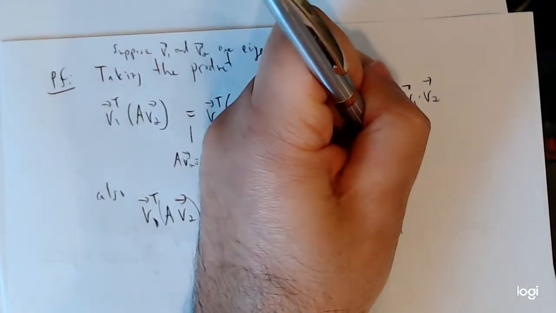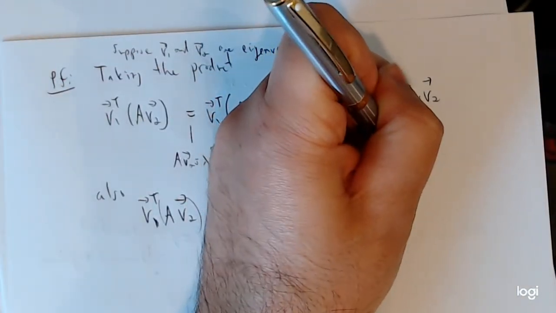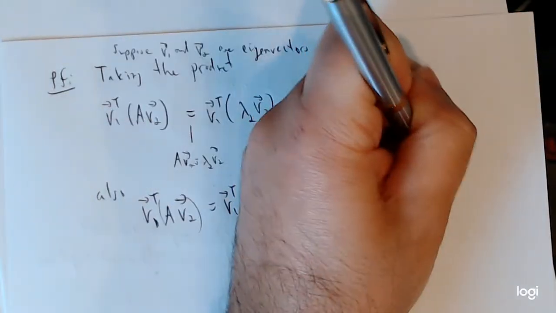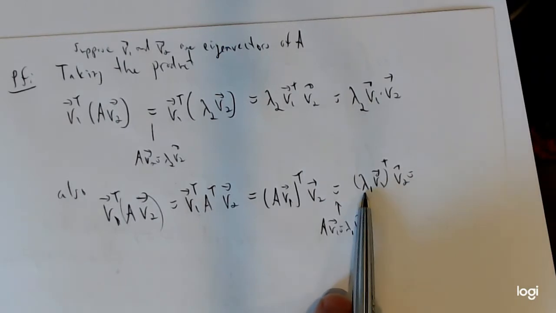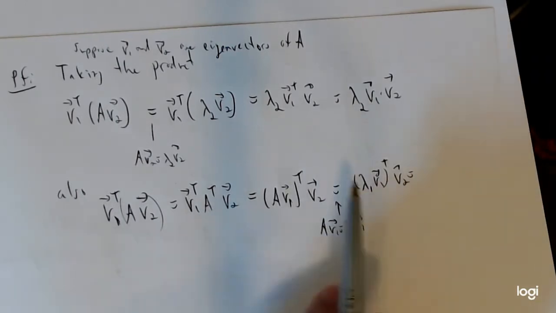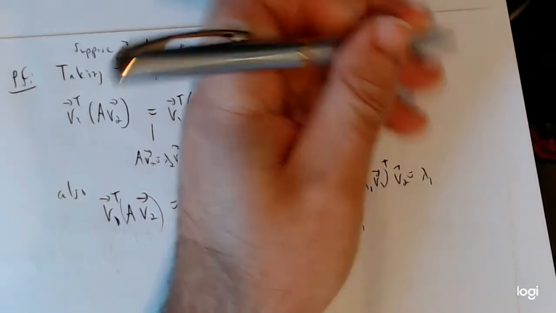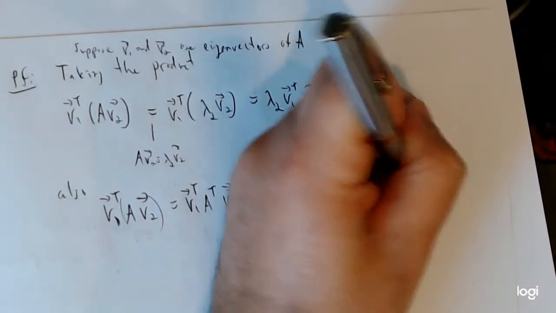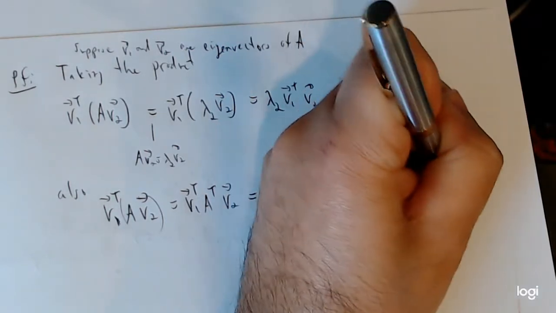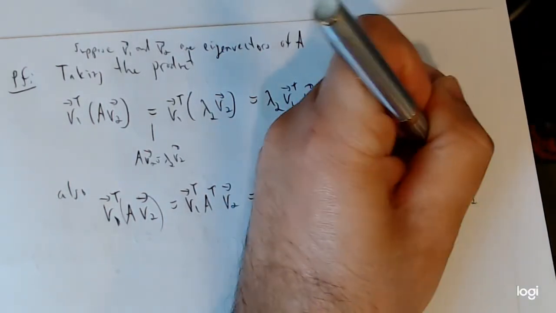So this becomes lambda sub 1 V sub 1 transpose times V sub 2, and we know that a scalar's transpose is still the scalar itself. So this becomes lambda sub 1 V sub 1 transpose times V sub 2, which is the same thing as lambda sub 1 V sub 1 dotted with V sub 2.